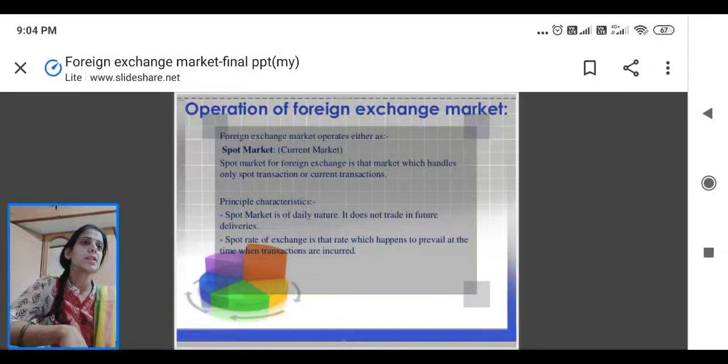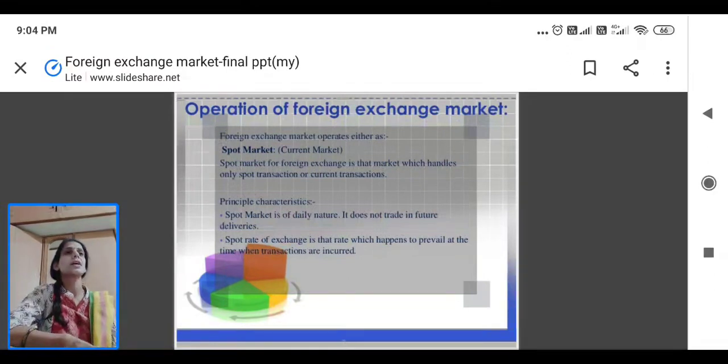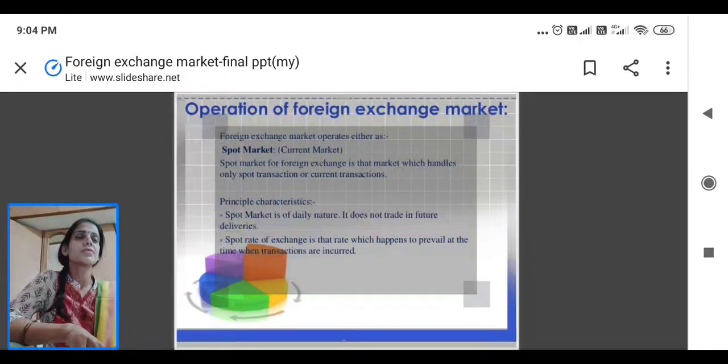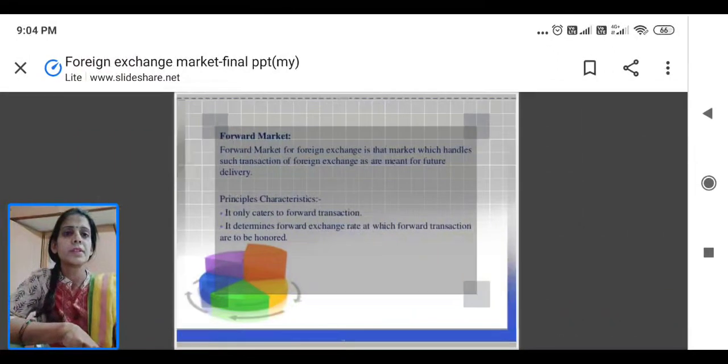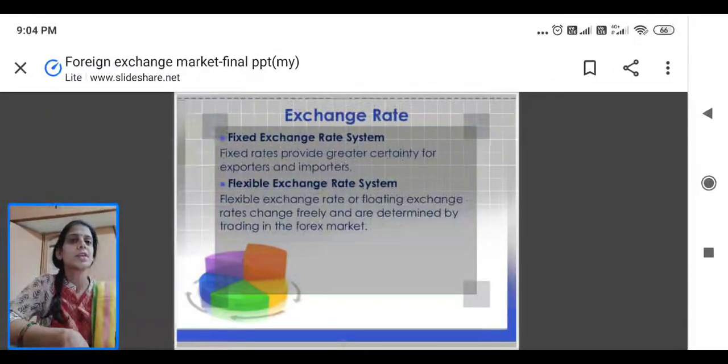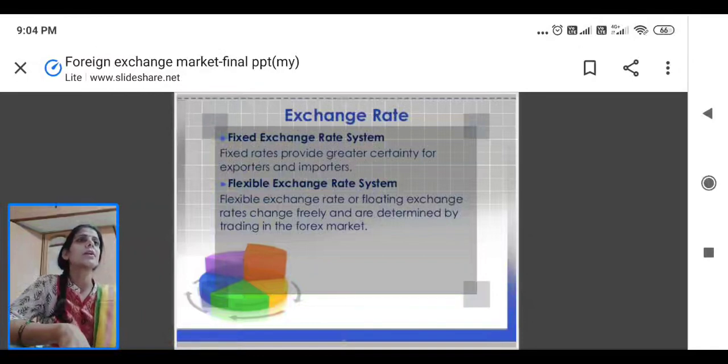So come to the next one, that is exchange rate. What do you mean by the exchange rate? Fixed exchange rate system. You can check out the slide as well. Fixed rates provide greater certainty for exports and imports.